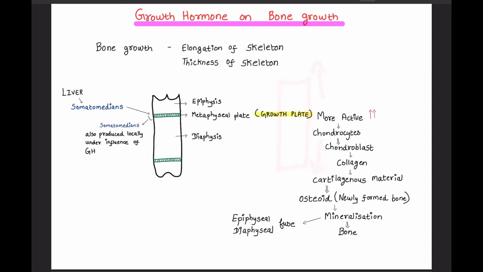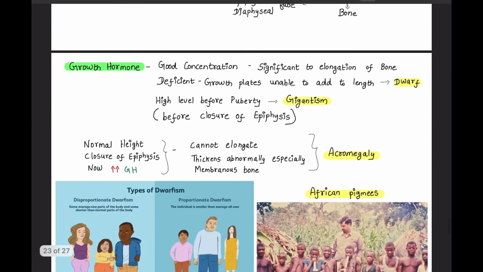If the epiphysis and diaphysis are fused together, then if there is more growth hormone, the bone cannot grow in length, but it can add to the thickness of the bone. That's what we will see now.